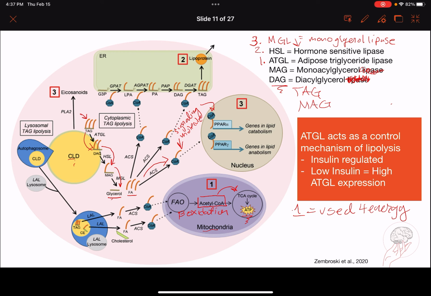And if it's PPAR alpha, it can activate genes in lipid catabolism. If it's PPAR gamma, it can activate genes in lipid anabolism. So this would be breaking down lipids. This would be building lipids. So that's option 3.